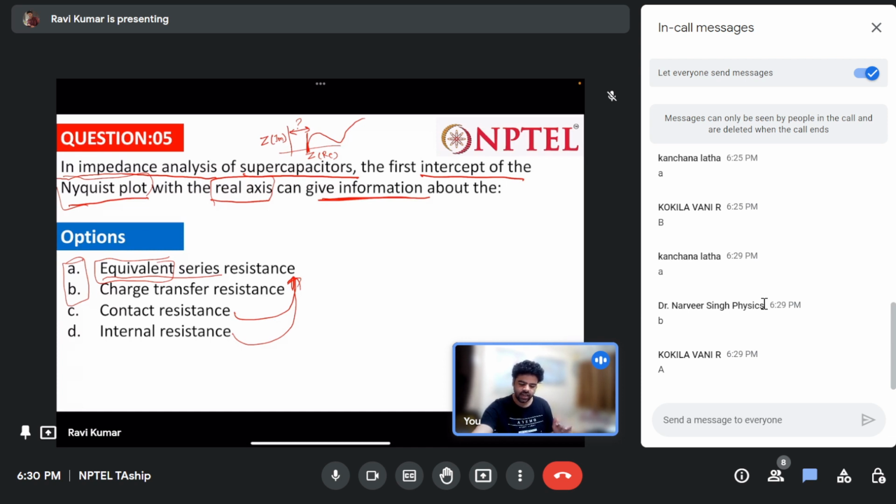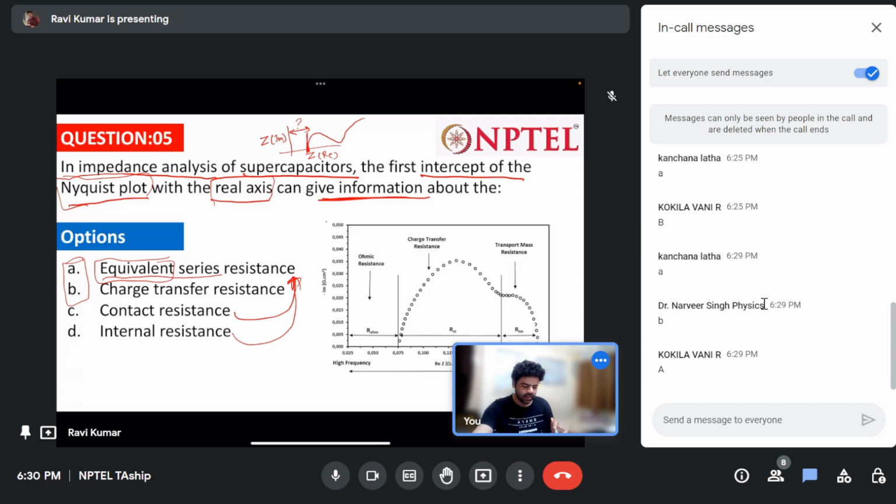This is our Nyquist plot, and here we can see this part, R ohmic. I just told you we need to find our answer from A and B. B is charge transfer resistance, which is this other part. But the question is asking about the first intercept.